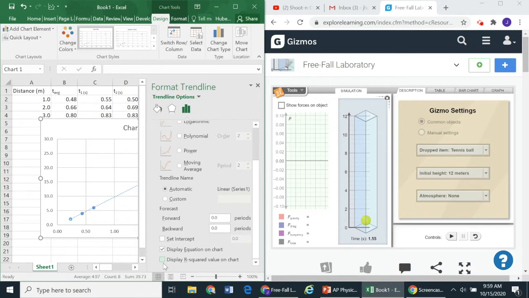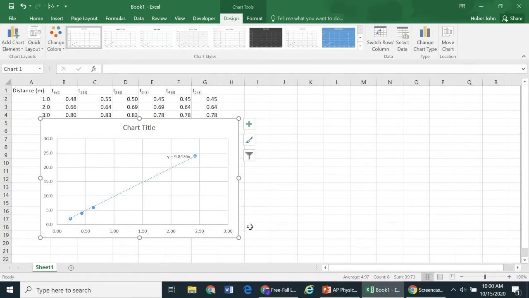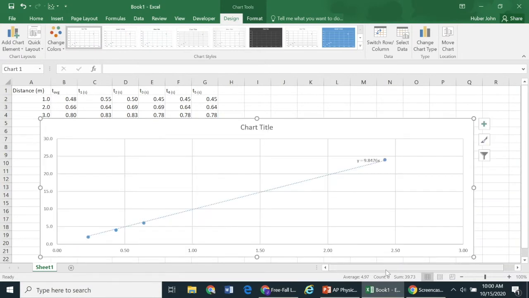And now you have to think, what was the position of the ball, or how much distance had it traveled when 0 time had passed? And the answer is none. So we should be setting the intercept at 0. And when we do that, what do you know? We get a value for the acceleration of 9.8476.